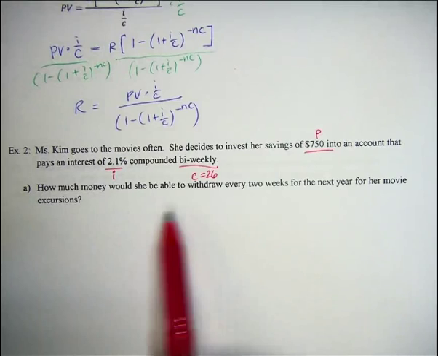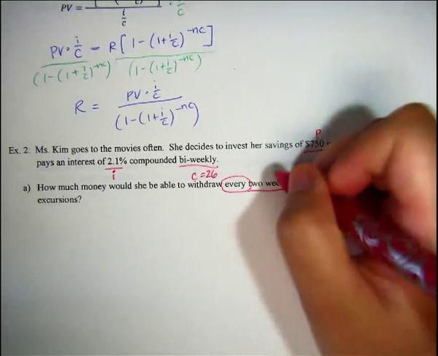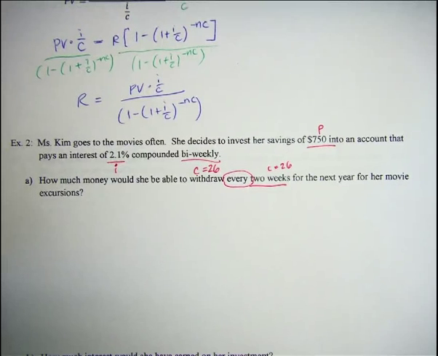How much money would I be able to withdraw every 2 weeks for the next year for my movie excursions? Okay, so there's that keyword every. That indicates this is a present value of an annuity problem and not just a regular compound interest problem. All right, let's check this out.